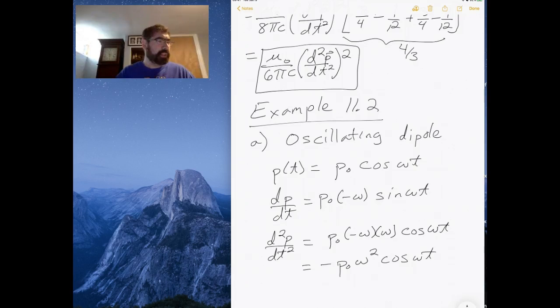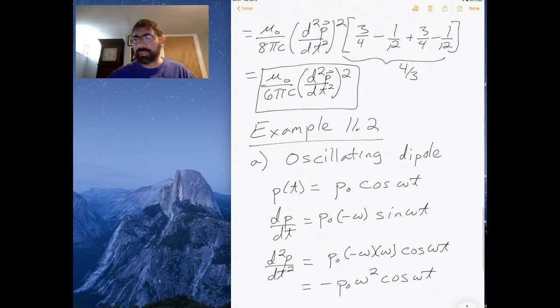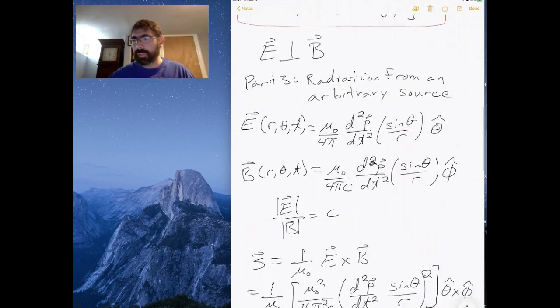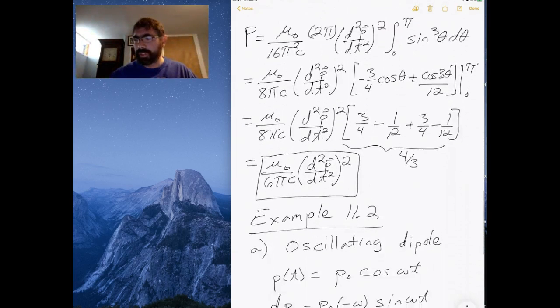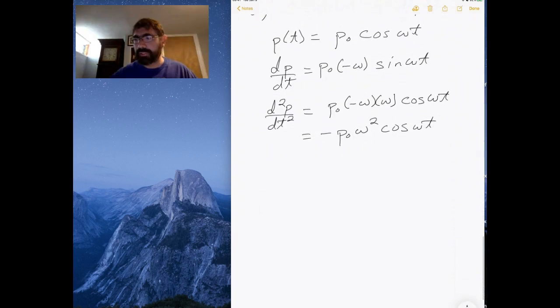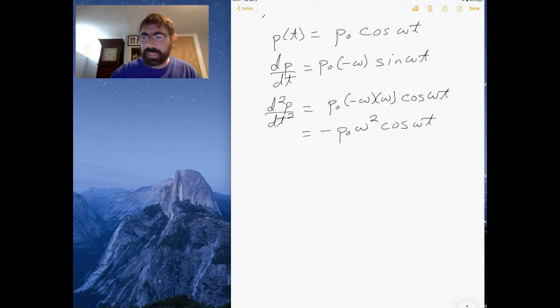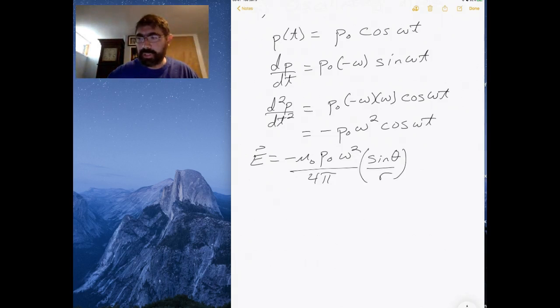Okay, so now if I put that into our equations for the electric field, which we started with right here in spherical coordinates, then what I would get for an oscillating electric dipole would be an electric field of minus mu0 p0 omega squared over 4 pi, sine theta over r, and then a cosine of omega t naught, in the theta direction.